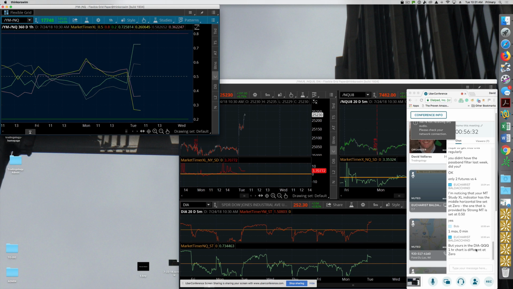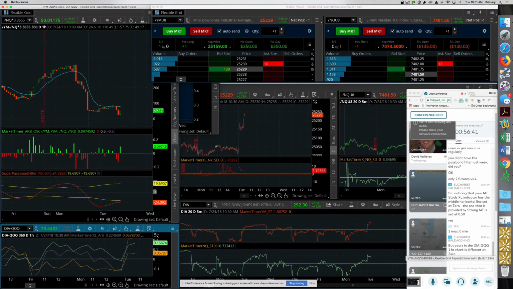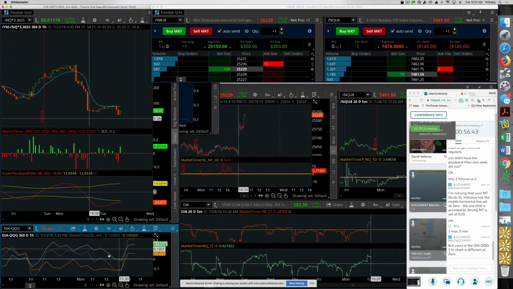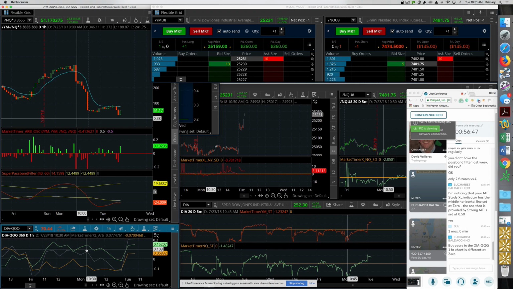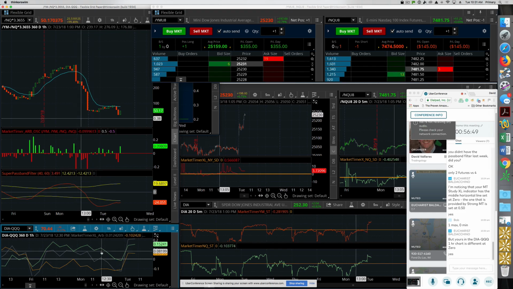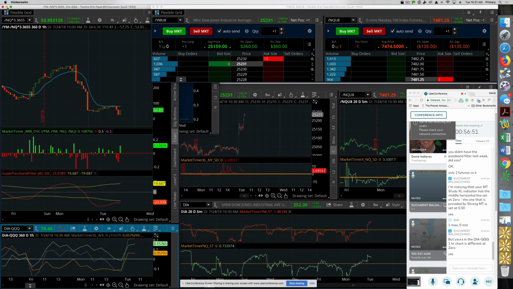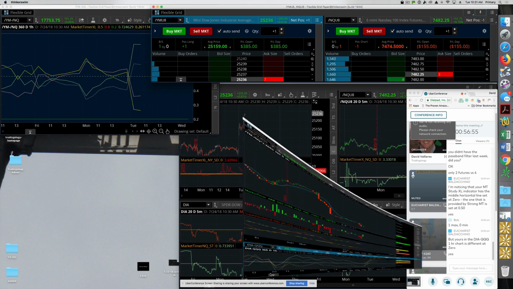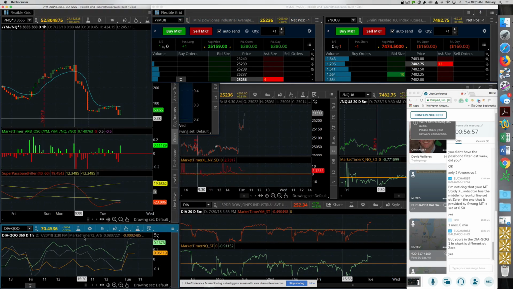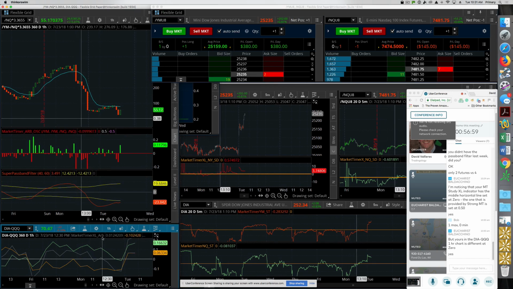The Diamond Q 1 hour chart is different at zero. Which one is that? You mean this one down here, in the left-hand corner? That's a different script. So this is the Market Timer XL script, and this is the Market Timer XL arbitrage script.